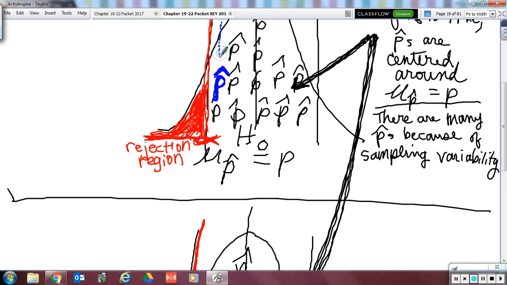Draw a little dotted line down where my sample is that I got, and I'm just going to do a little curly Q because I still want to be able to see the red. You should still be able to see the red because we've got to compare it. Okay, so all of this blue area is my p-value. It's the probability of getting that sample or something more extreme if the null is true.